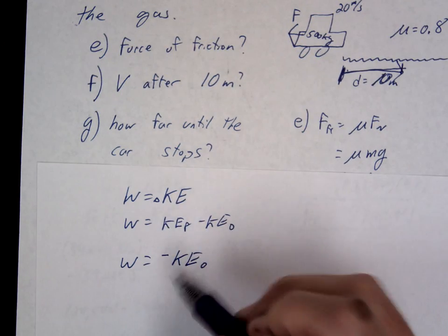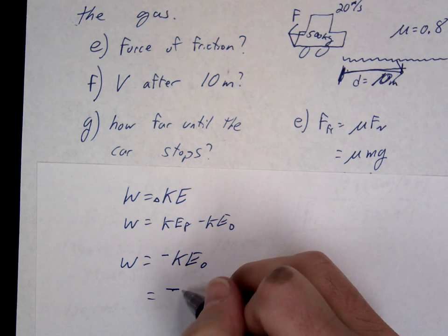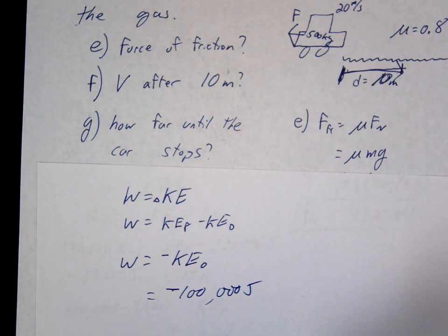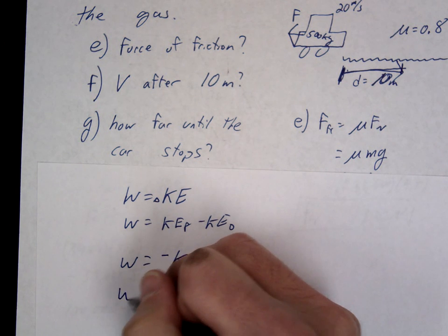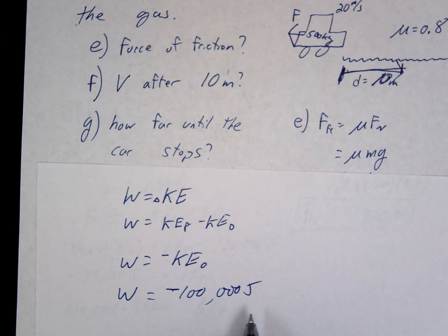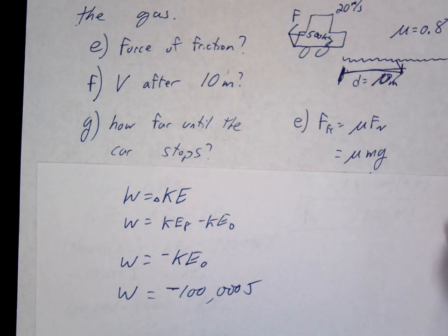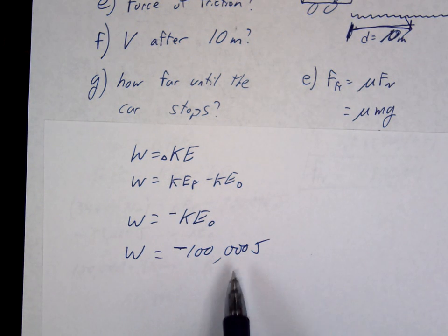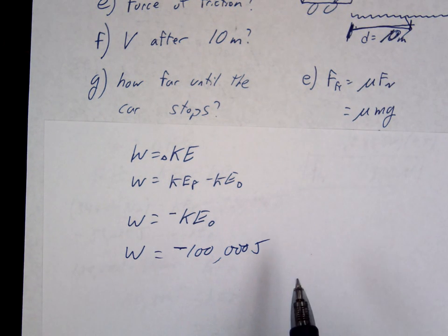If you have 100,000 joules to start with, and the object stops, you had to do 100,000 joules of work on the car to get it to stop. That's a big concept. That's one of those easy conceptual questions that they give you that you should be able to get right. You start with 100,000, you stop it, you had to do 100,000 joules of work.